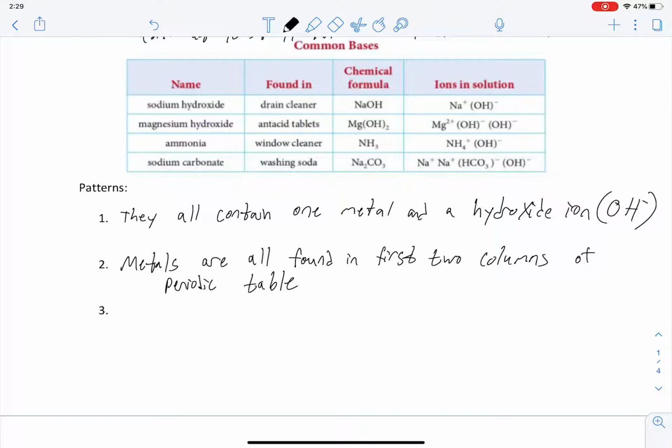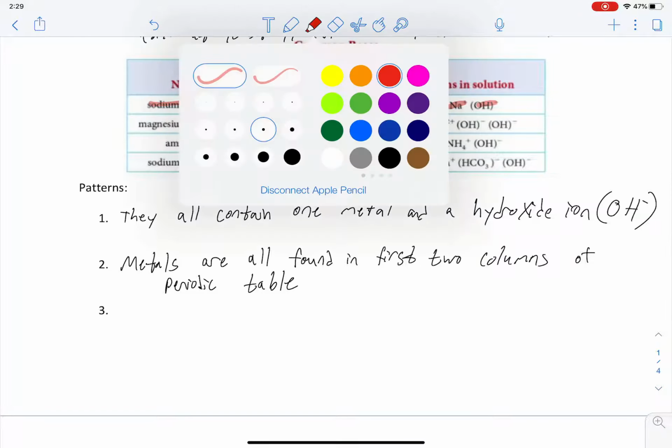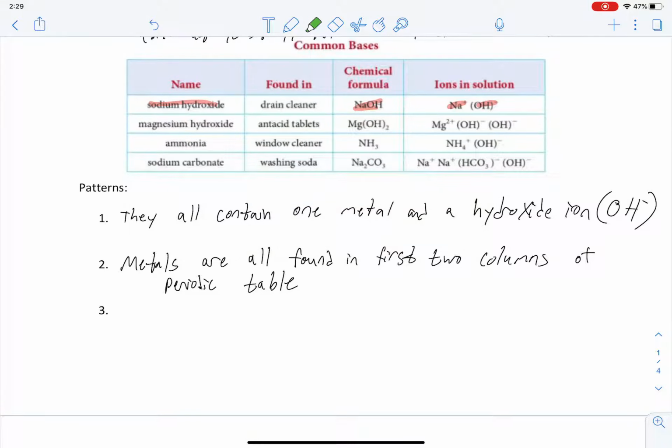All right, and then the last one, and this is going to be a little odd. If we look at the right-hand side, we see sodium hydroxide, for instance, NaOH. We have a positive cation and an anion, and that makes the molecule on the left side. But if we look at something like ammonia here, we see it's made up of NH3, and the ions that form from that are NH4+ and OH minus.